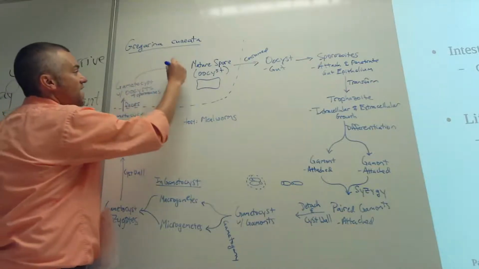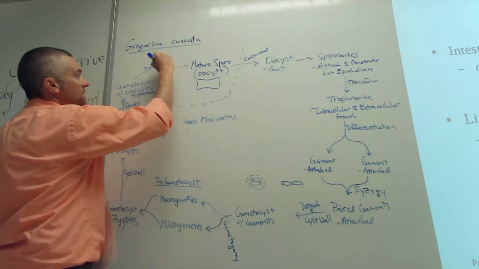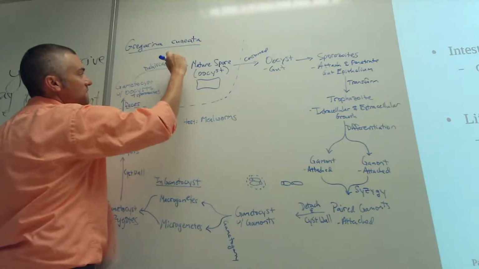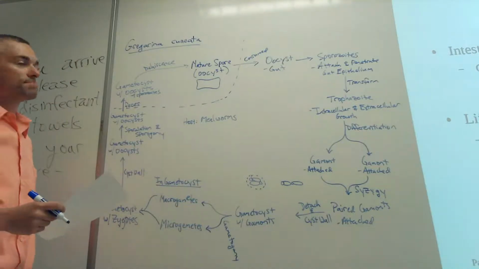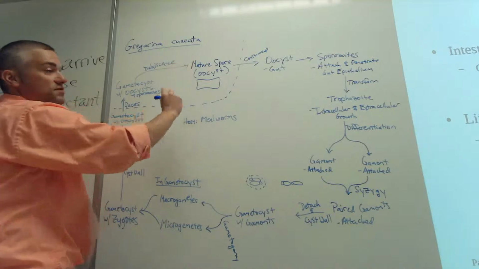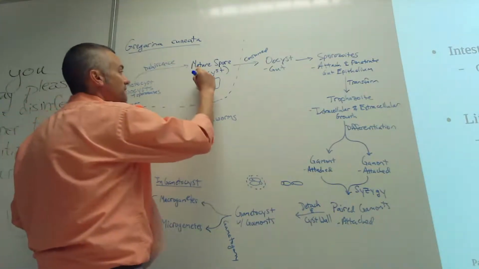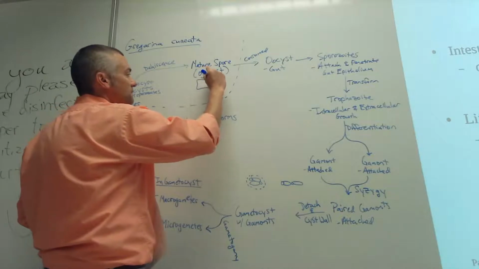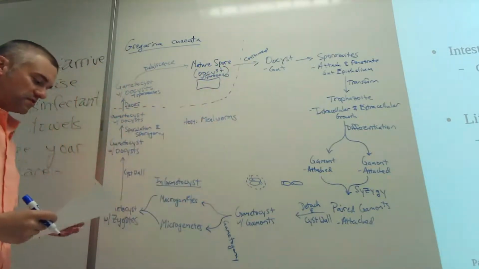Then we have dehiscence. That now releases our mature spores, which is the oocyst with our sporozoites.